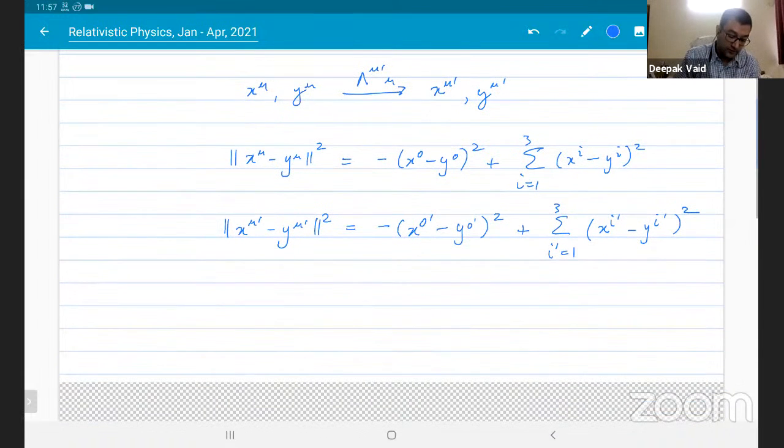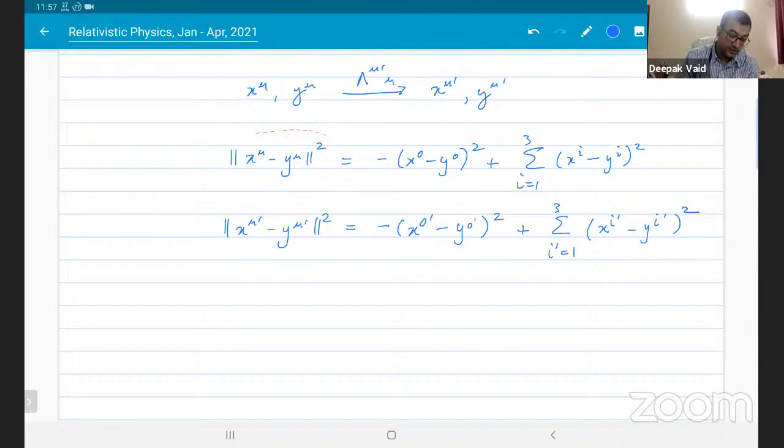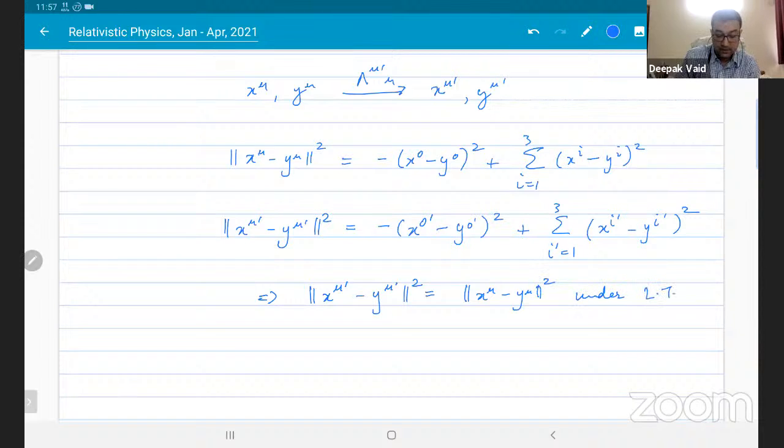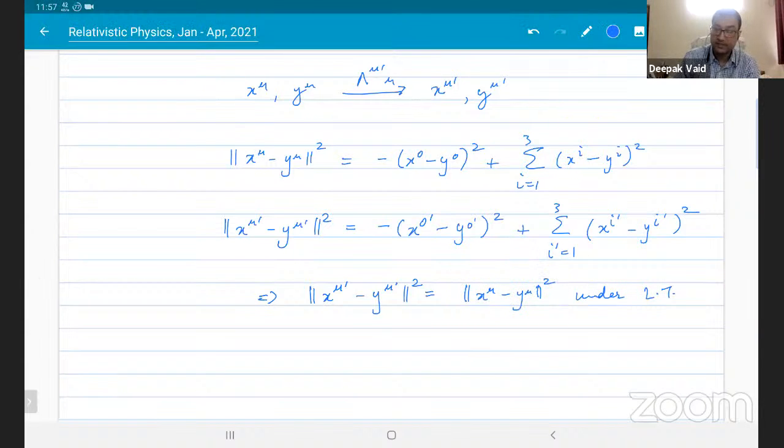The property is that after the Lorentz transformation, these two are the same. So that means this norm squared will be equal to this norm squared under the Lorentz transformation. So this is the space-time interval, and this remains the same between any two events.